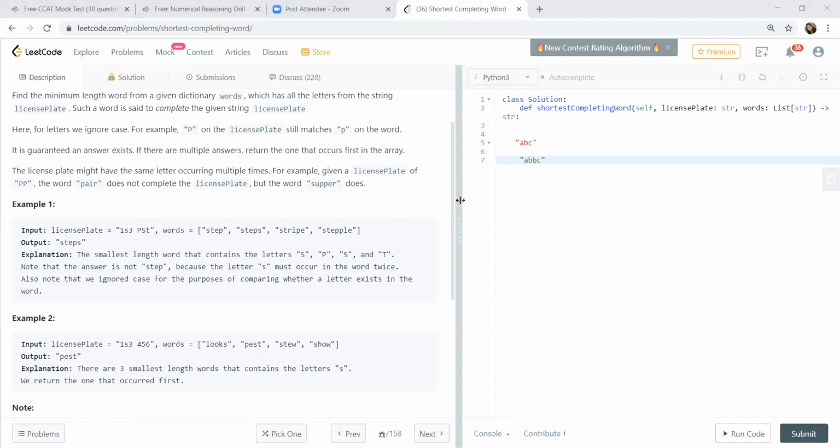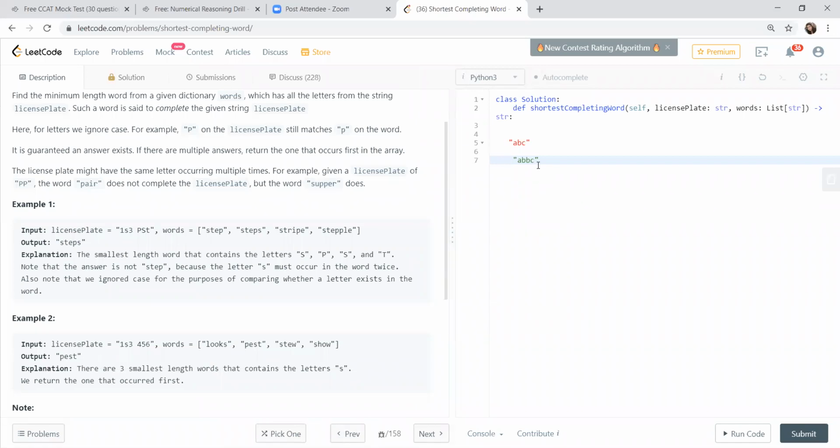So is there any problem with the last approach? Which last approach are you talking about? The one where we first started with the substring, but substring would not work.